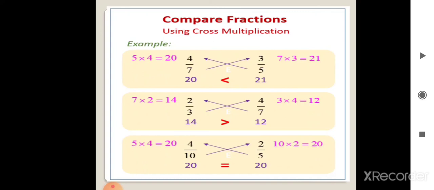We make 4 times 3 equals 12 and 7 times 2 equals 14. So 12 is smaller than 14. The last one is 2 over 5 and 4 over 10. We make 5 times 4 equals 20 and 10 times 2 equals 20. So we have 20 and 20, so they are equal.